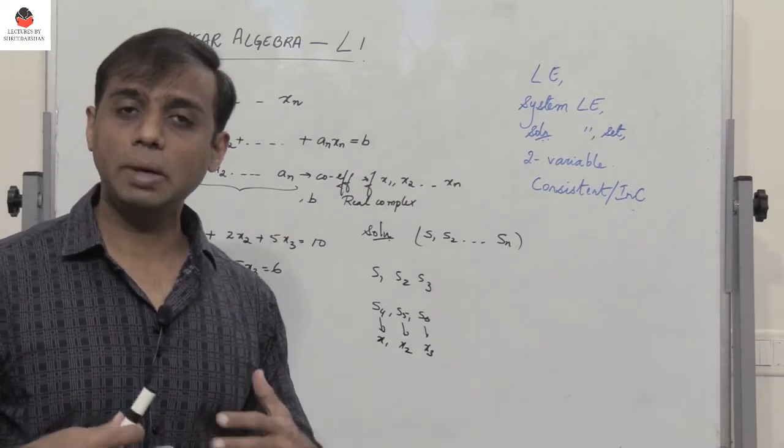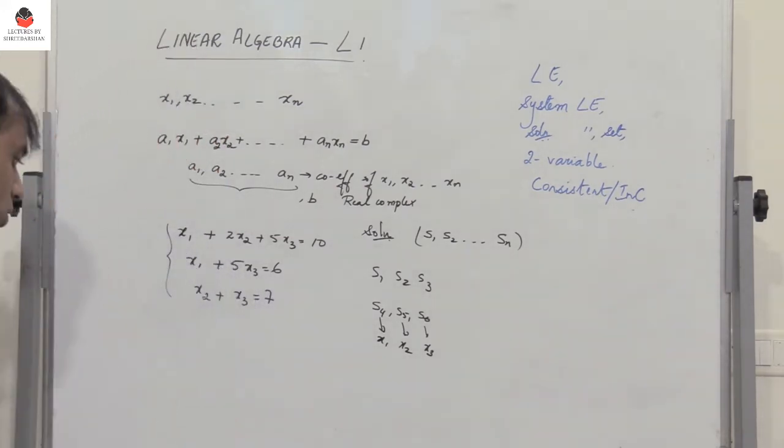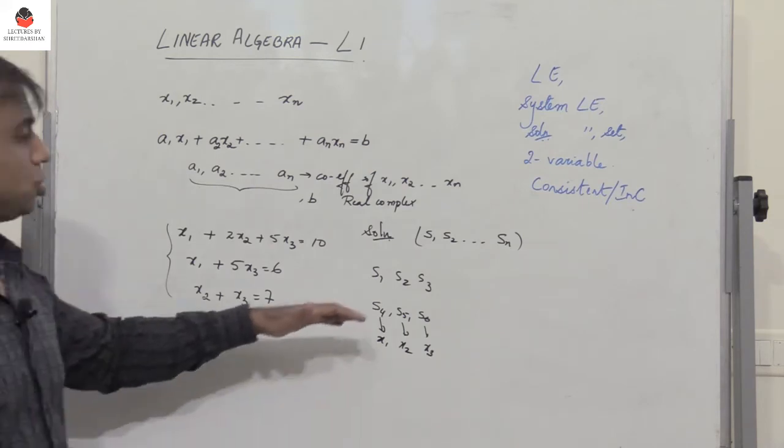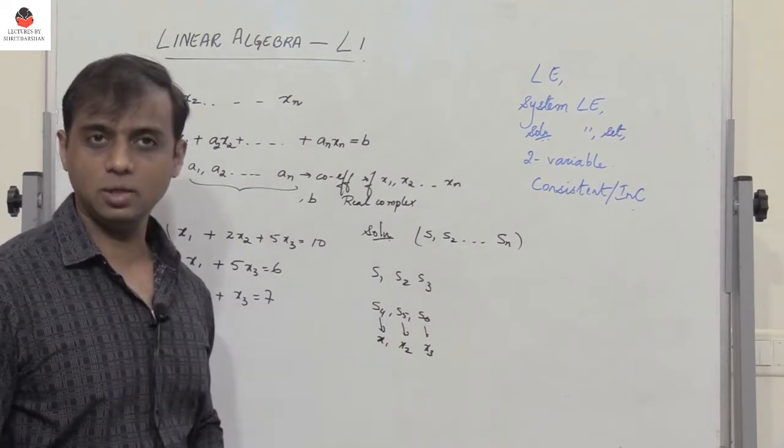When we have many solutions, you have a set of solutions. The set of all possible solutions is called the solution set of the linear equation.